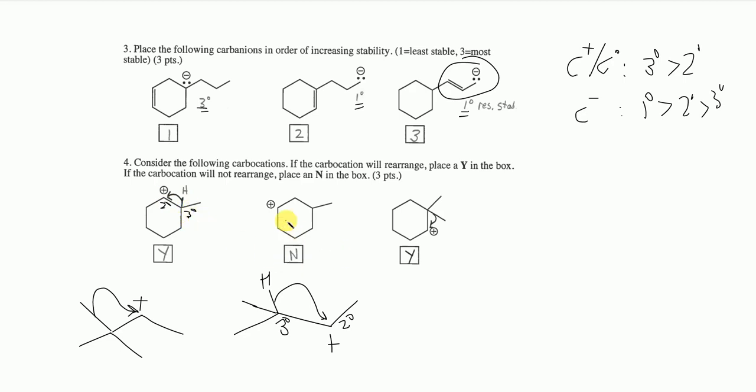And this one, the answer is no, because my only adjacent things are hydrogens on centers that are exactly the same, and there's no reason why that would happen. There's no real benefit to moving the hydrogens to that location and moving the positive charge elsewhere. So this one would be no.